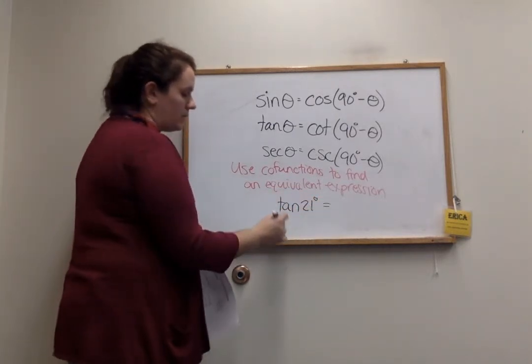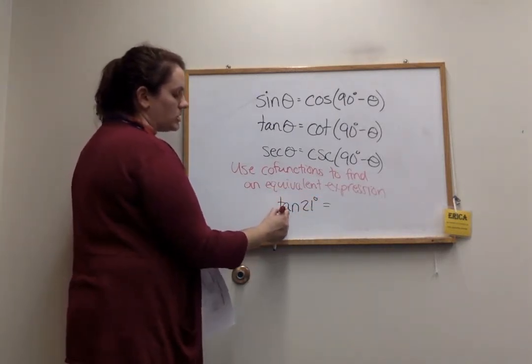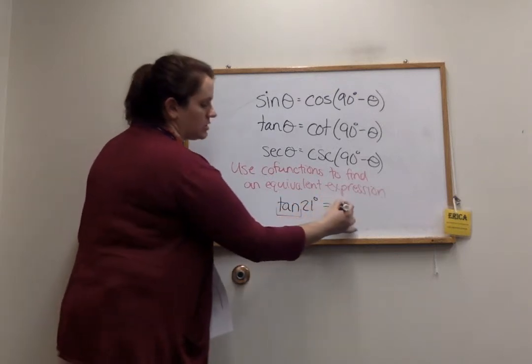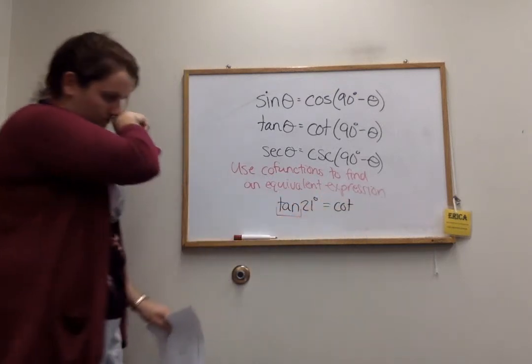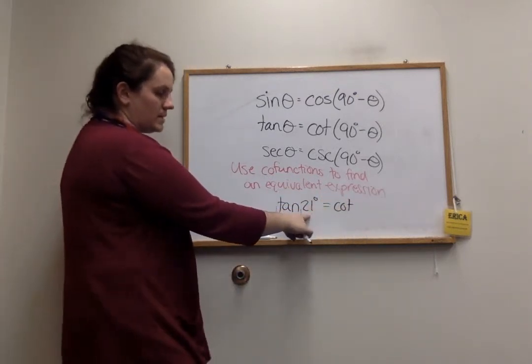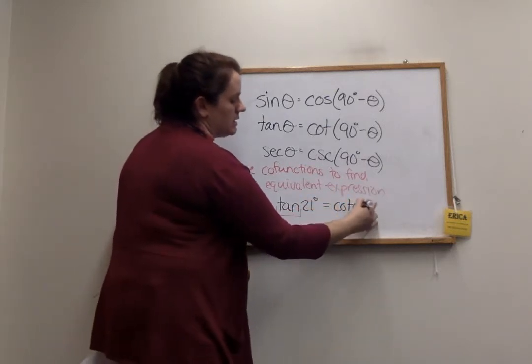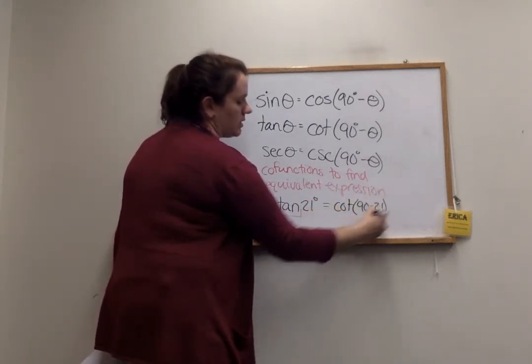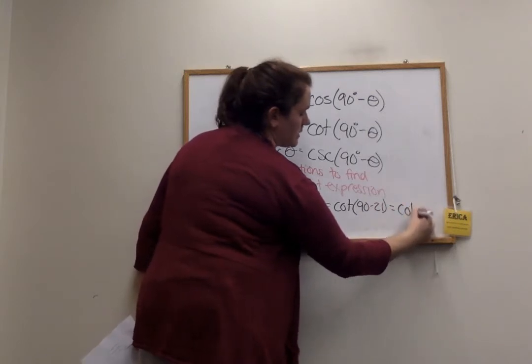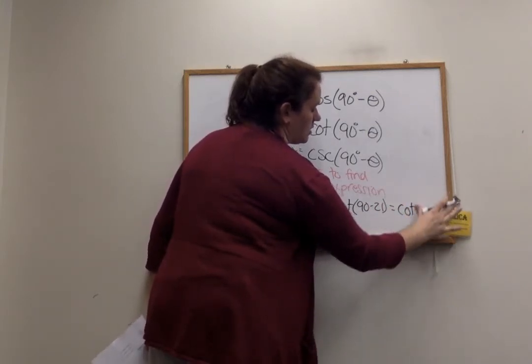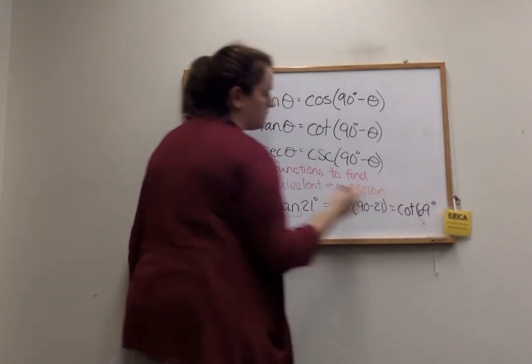So the way we do this, the cofunction of tangent is cotangent, so that becomes cotangent. The complement of 21 degrees is 90 minus 21. So this happens to be the cotangent of 69 degrees.